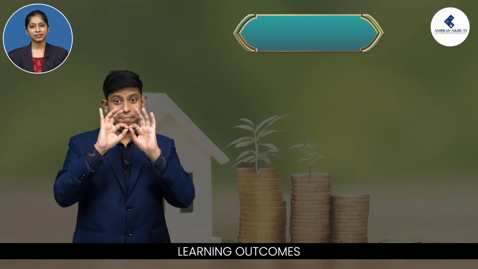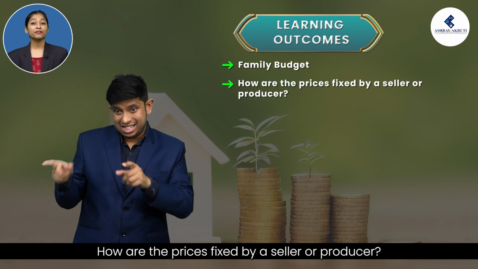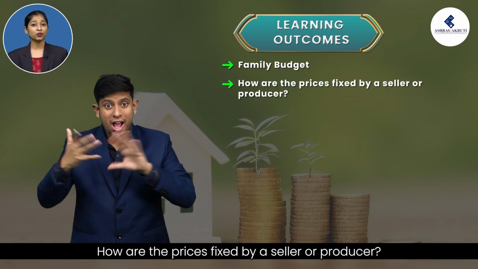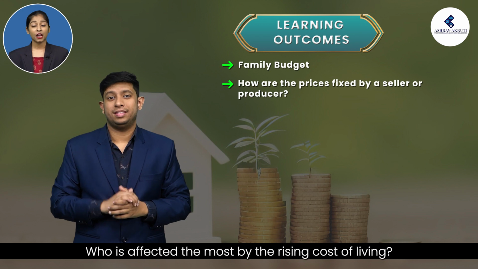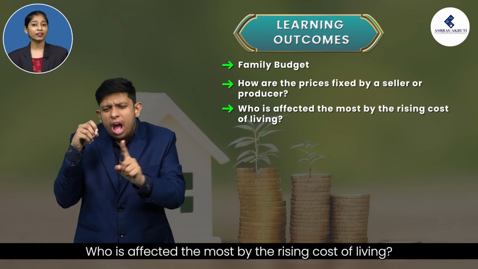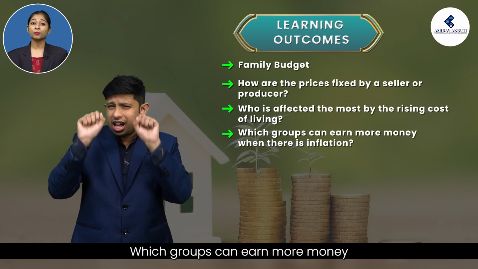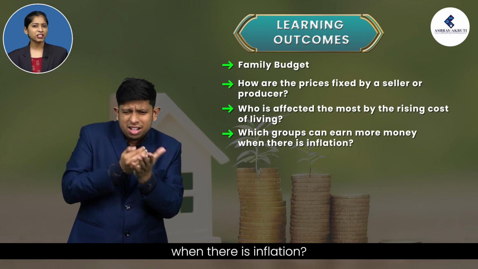Learning outcomes. Family budget. How are the prices fixed by a seller or producer? Who is affected the most by the rising cost of living? Which groups can earn more money when there is inflation?